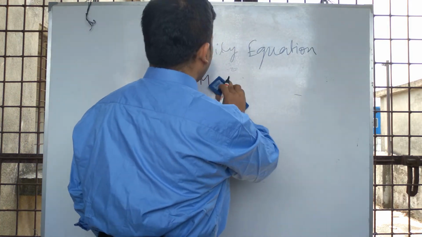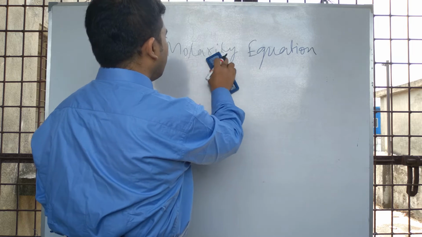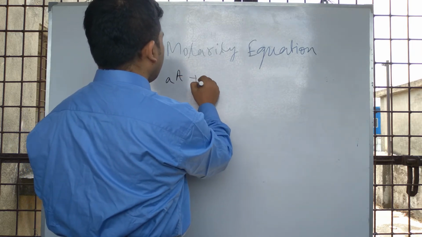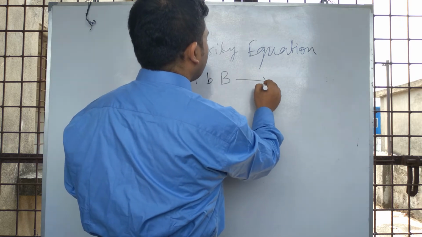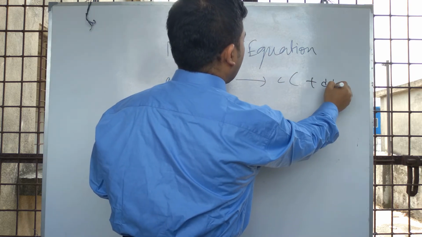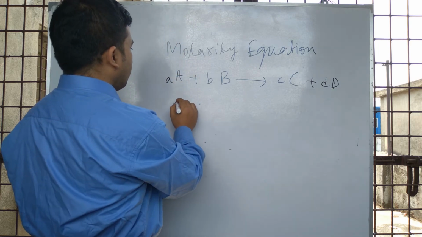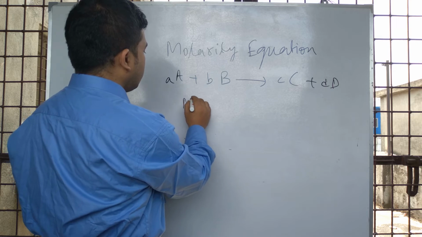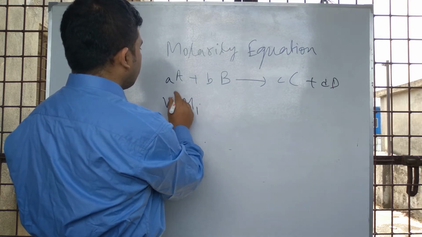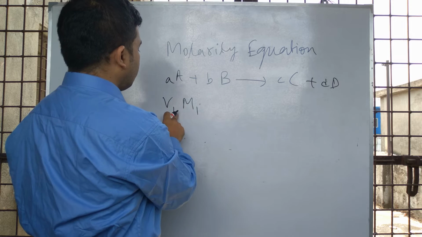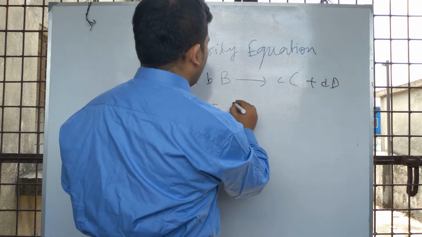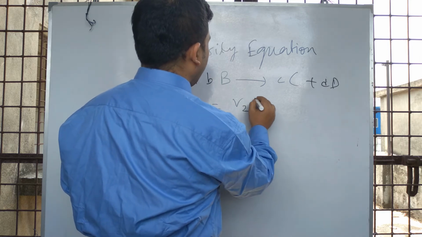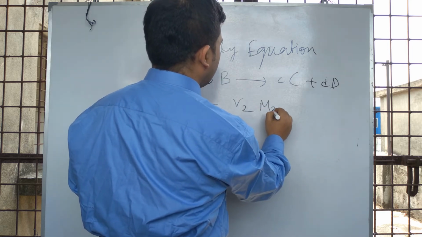Another molarity equation: suppose in an acid base titration or any titration, a moles of A and b moles of B change to c moles of C and d moles of D. In this case, the molarity of solution A is M1 and its volume is V1, and the volume of solution B is V2 and its molarity is M2.